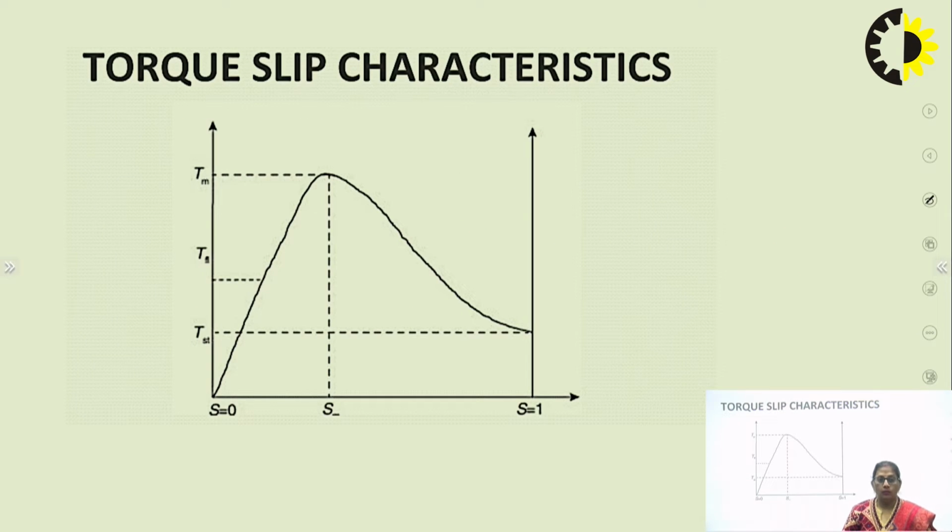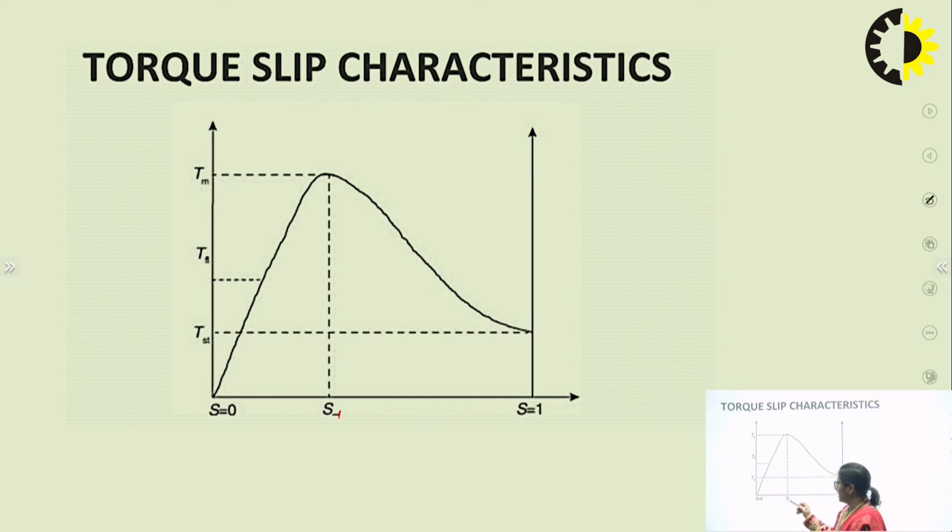Now coming to the most important characteristics we are going to discuss, that is the torque slip characteristics. If we plot the characteristics of a three-phase induction motor, we have the torque on the y-axis and slip on the x-axis, right? So here, this is S equals 0.